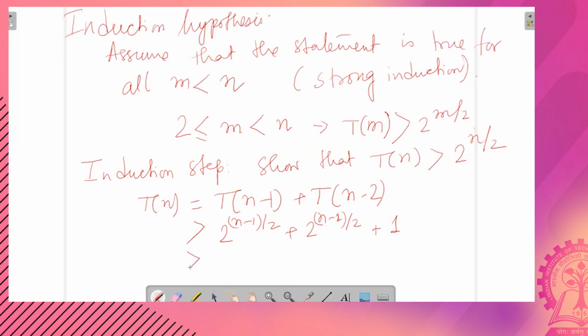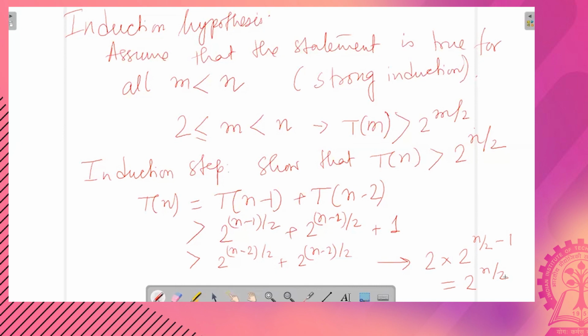And without any loss of generality, we can write that this is larger than 2 to the n minus 2 by 2 plus 2 to the n minus 2 by 2, which is 2 into 2 to the n minus 2 by 2, which is 2 to the n by 2 minus 1 plus 1, which is nothing but 2 to the n by 2.